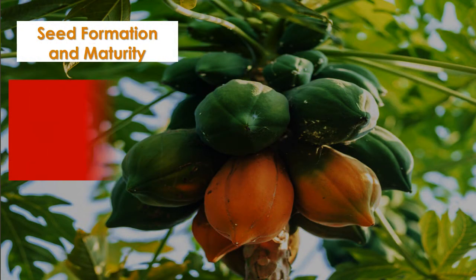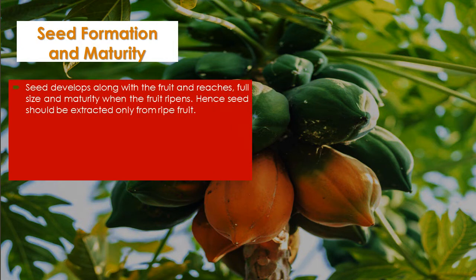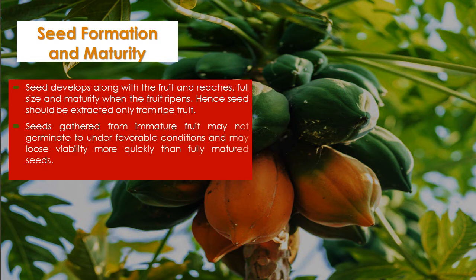Seed formation and maturity. Seed actually develops along with the fruit and reaches full size and maturity when the fruit ripens, and hence seed should be extracted only from ripe fruit. In all angiosperms, seeds are enclosed in fruit, while in all gymnosperms seeds are naked because of the absence of ovary or fruit.